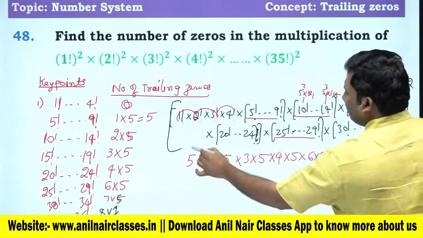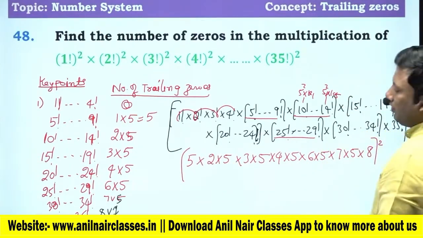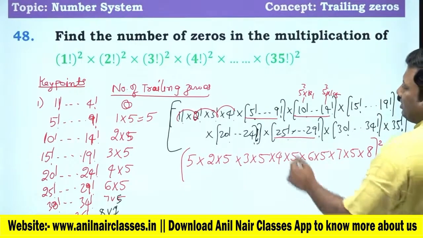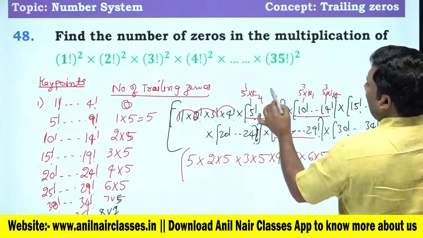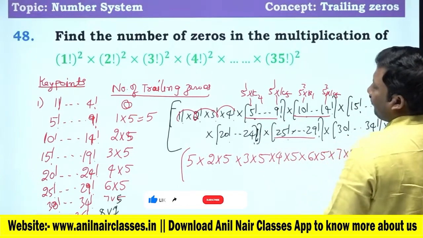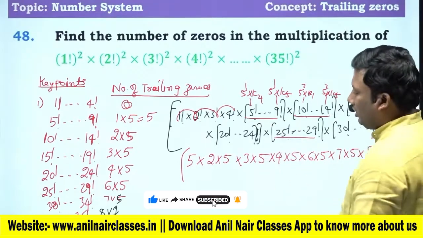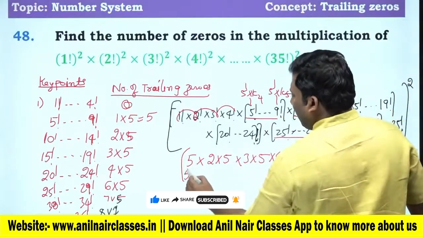Whole square. Now if we write like this, these 5 power 1 into K1, it is 5 power 1 into K5. So from 5 factorial, it is 5 times we got.